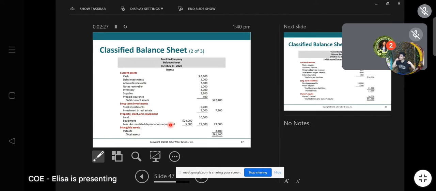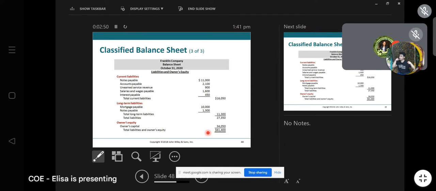There will be a supporting schedule detailing the breakdown of how much is the building, how much is the equipment, and so on. So that's how we present. And then intangible assets, and then your total assets with a dollar sign and a double rule. So that gives you your total assets.